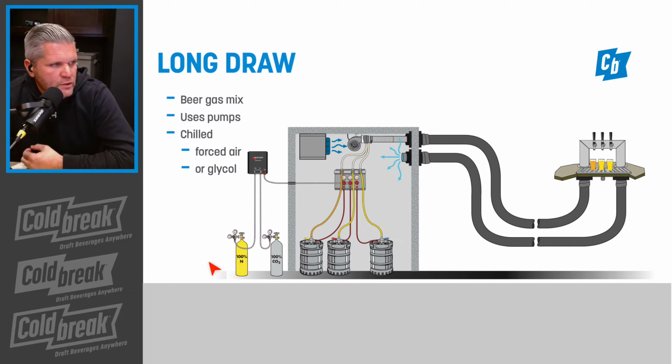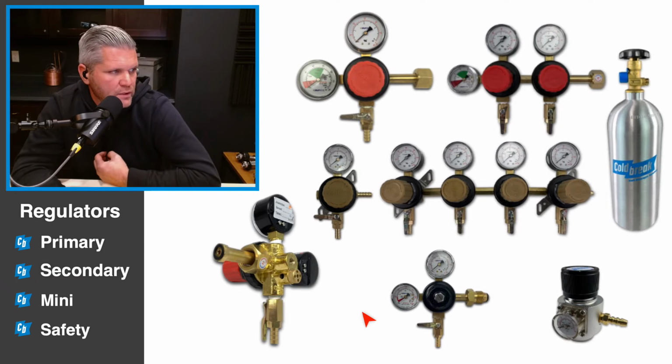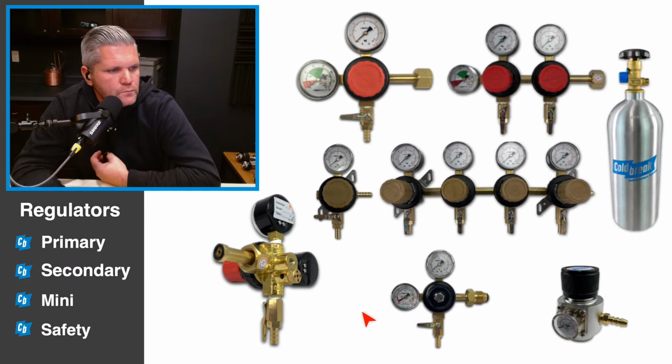So when you leave the CO2 tank, what we wind up connecting to would be, nope, that's couplers. We're jumping ahead into regulators. From the CO2 tank, we attach a regulator. The ones that are red here are called primary regulators because they attach directly to the CO2 tank. Below that are what's called secondary regulators.